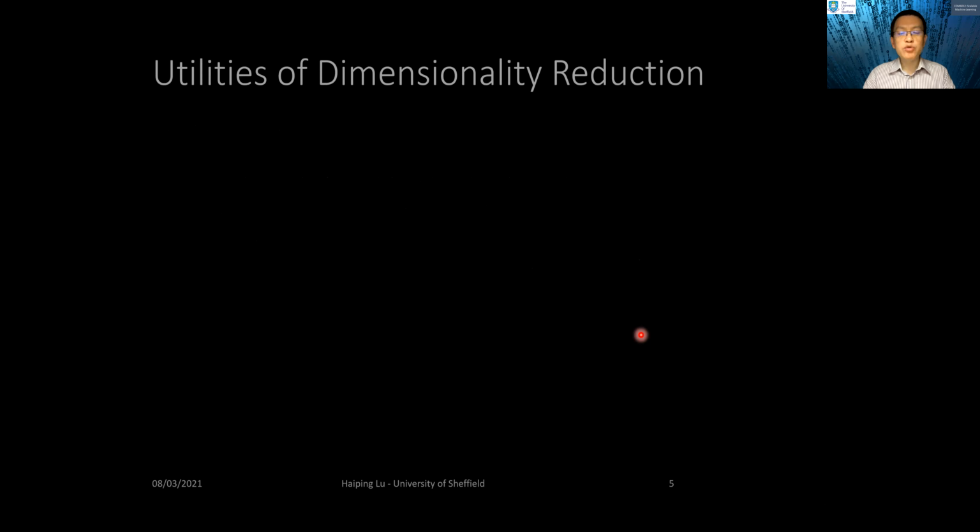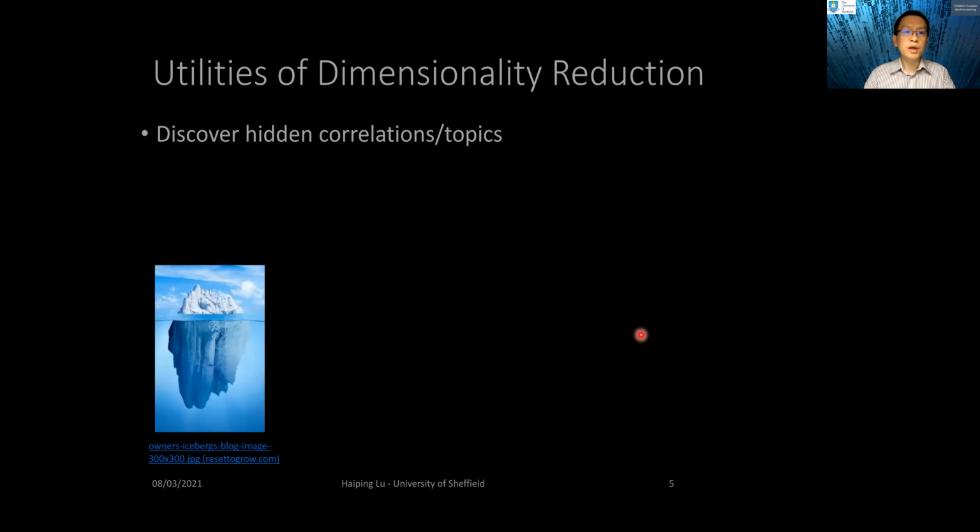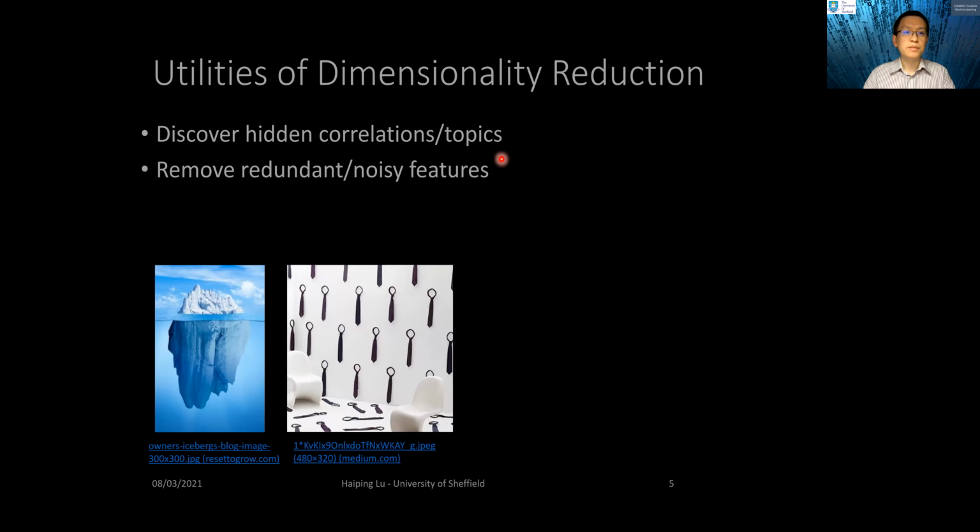Dimensionality reduction is very useful. We can use it to discover hidden correlations in data, hidden topics in documents, in text, and also hidden factors.